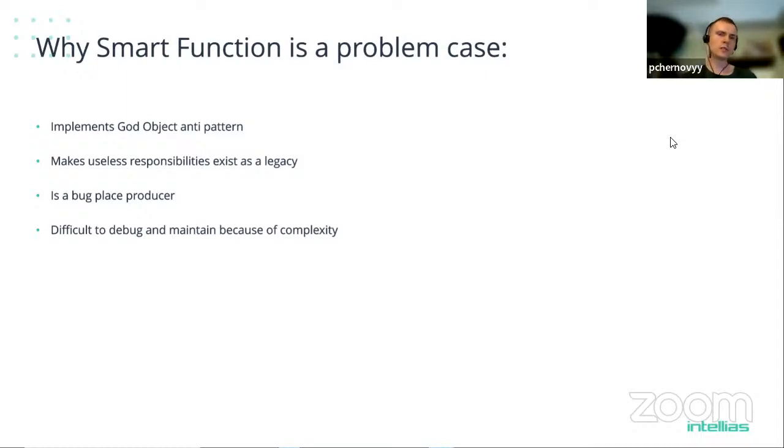God Object mostly relates to the object-oriented design paradigm, but it has a similarity: such a function knows about every rule, every try catch, like the error catching mechanism, and makes useless responsibilities exist as a legacy.